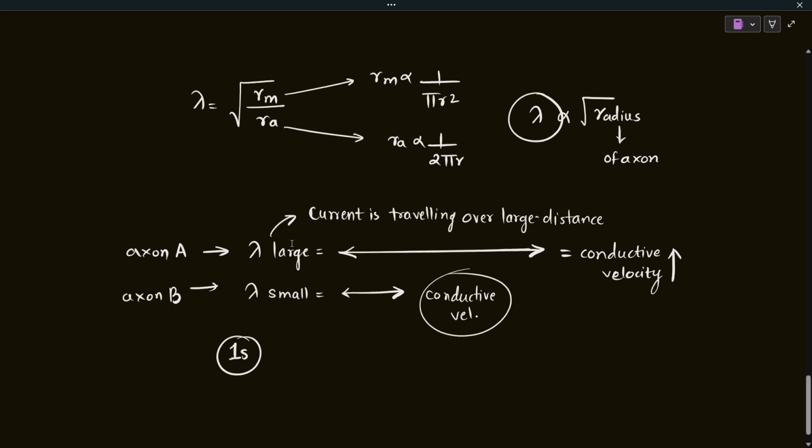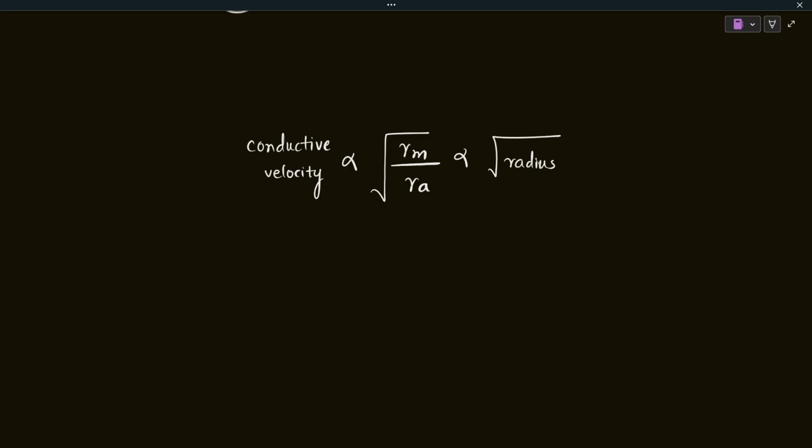So we can directly say that the capacity of conduction of current is directly proportional to the membrane resistance over the axoplasmic resistance, and to the square root of the radius.